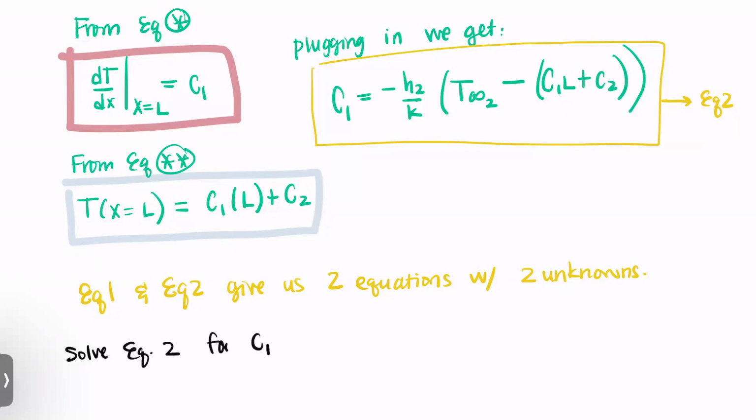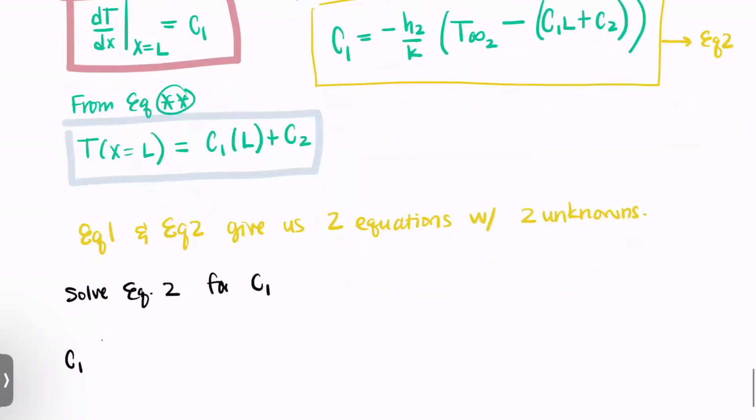To do this, I'm going to have C1 plus, I guess I have to subtract because it's a positive number, H2 over K times L C1 is equal to minus H2 over K, T infinity 2 minus C2.